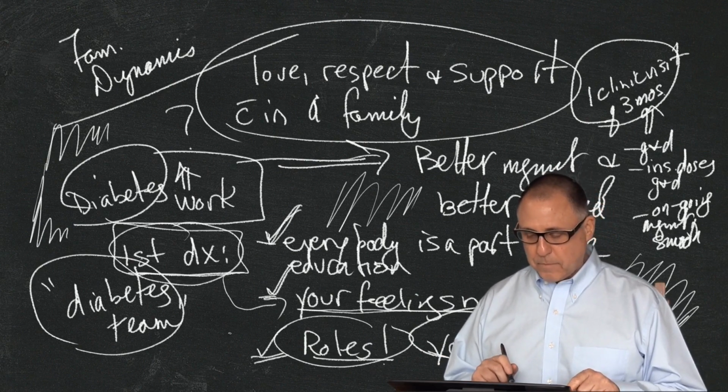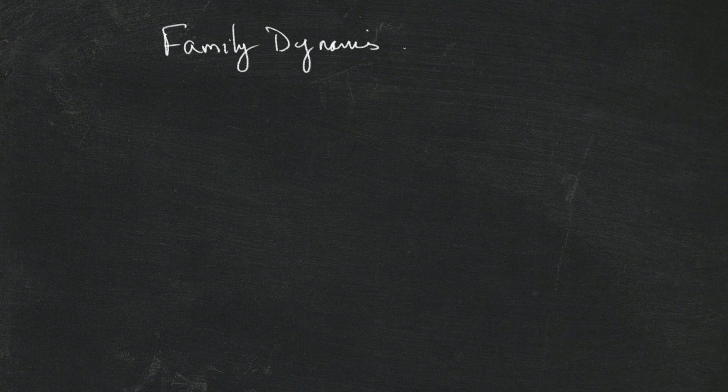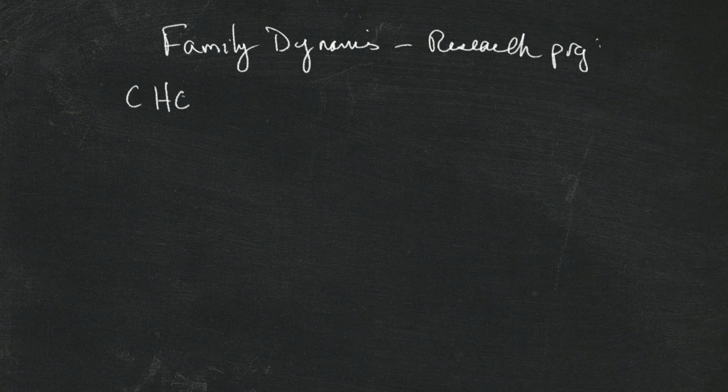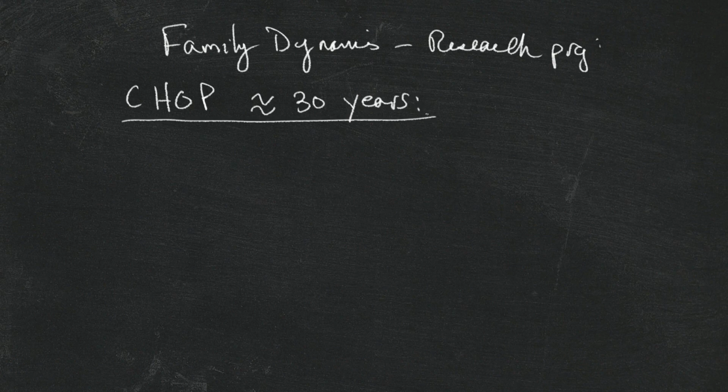The last thing I want to say about family dynamics is just to convey to you a little research project that they did at Children's Hospital in Philadelphia about 30 years ago. Because this sets the tone and sort of qualifies and informs everything that I was talking about a minute ago. They looked at 50 families at the time of diagnosis.